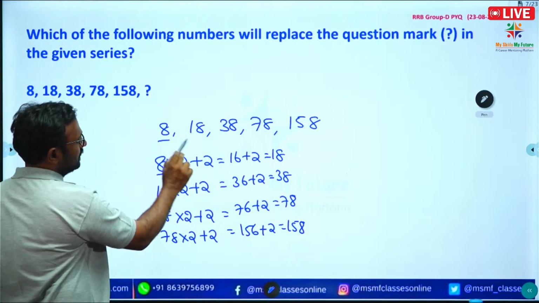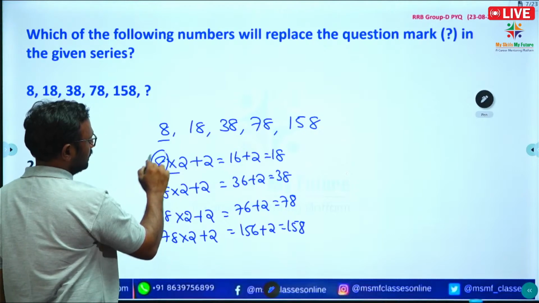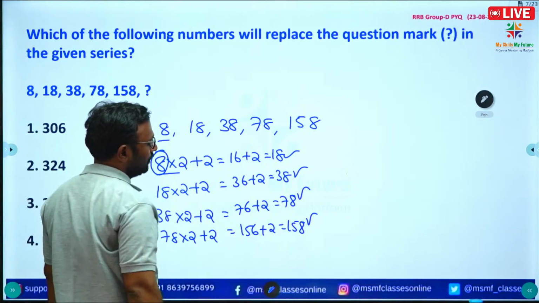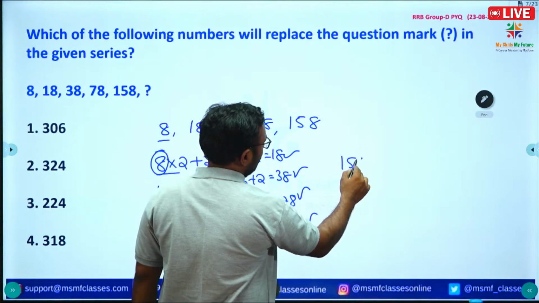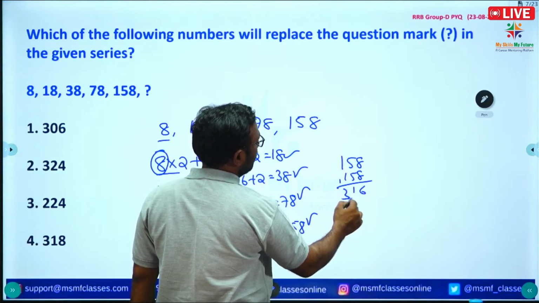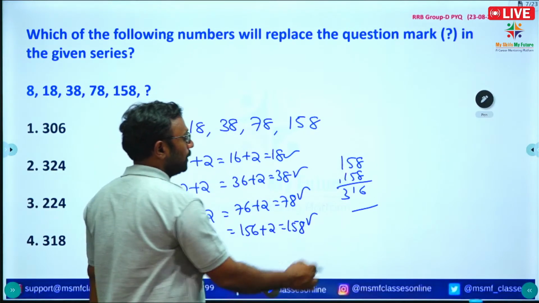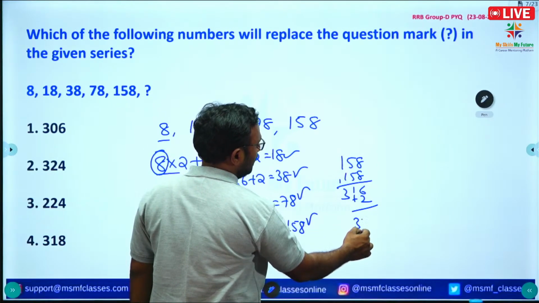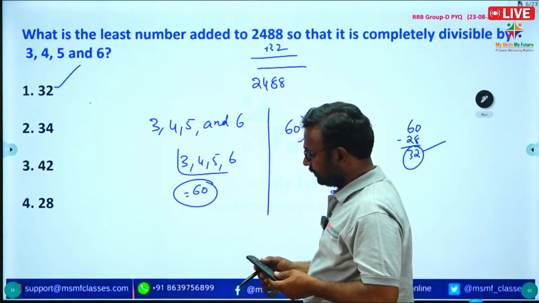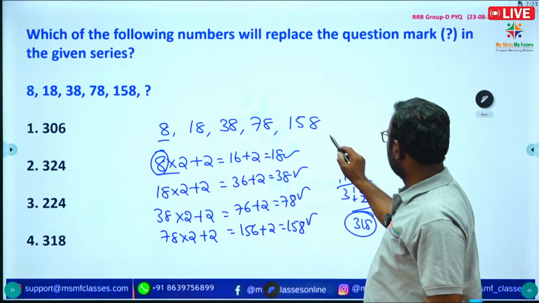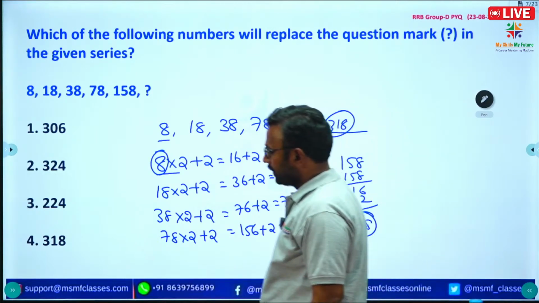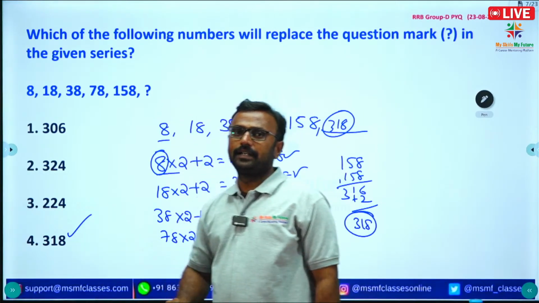See that: 8, 18, 38, 78, 158. So 158 into 2 we get 316, plus 2 we get 318. So here, 318 will come in the place of the question mark. Okay, option 4 is correct.